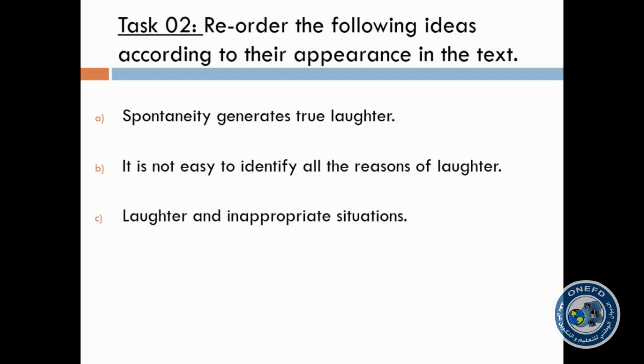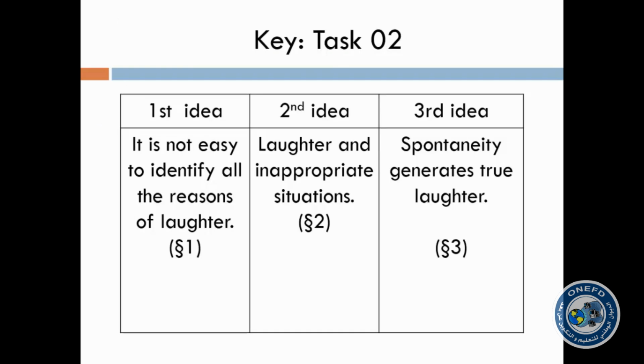So let's take a look at the answer. We have provided you with the answer in the form of a table so that it can be more organized and you understand it in a better way. So the first idea is, it is not easy to identify all the reasons of laughter. Paragraph 1, of course.